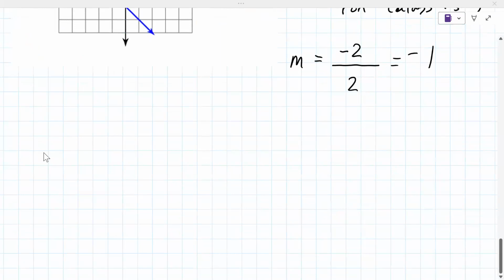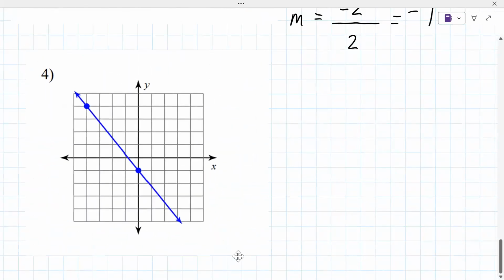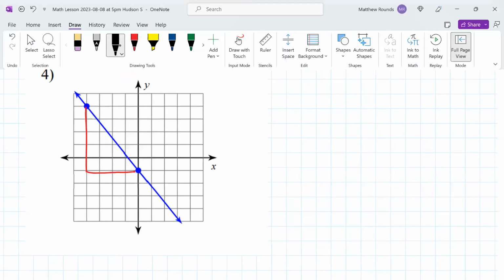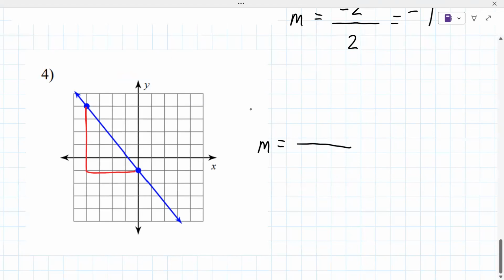So if it goes down and to the right, like this one goes down and to the right, the slope will be negative. Okay, so in this one here, you have to calculate how much down, how much to the right. Could you give me the slope, please? -5 and 4.